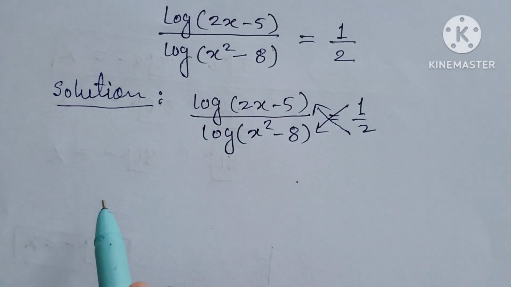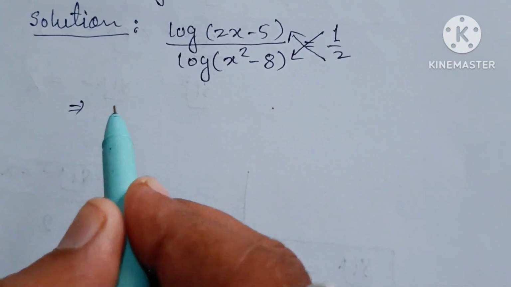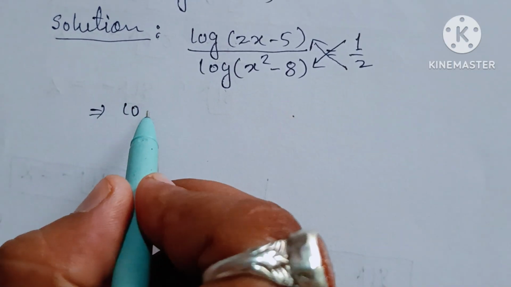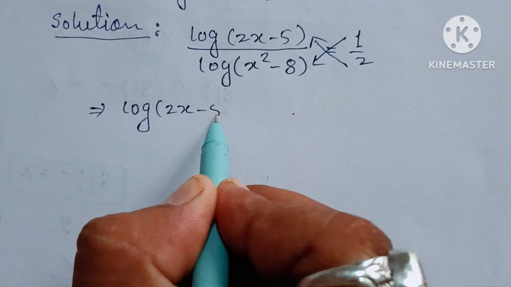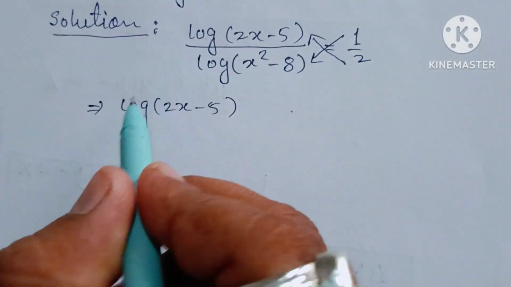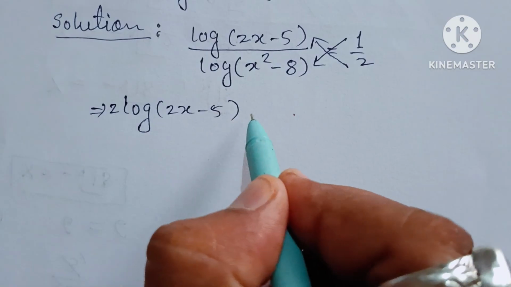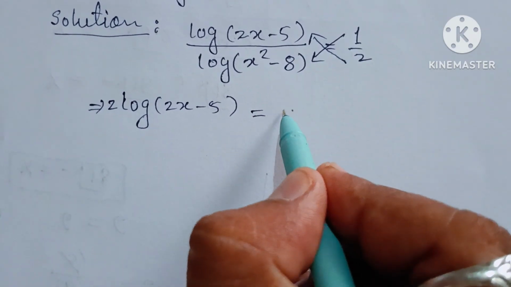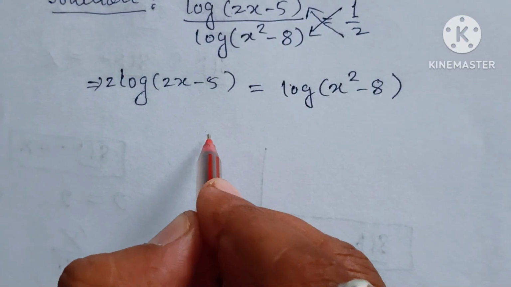So we get here the equation log of 2x minus 5. Here 2 is in multiplication with this, so 2 log of 2x minus 5 is equal to 1 into log of x square minus 8.